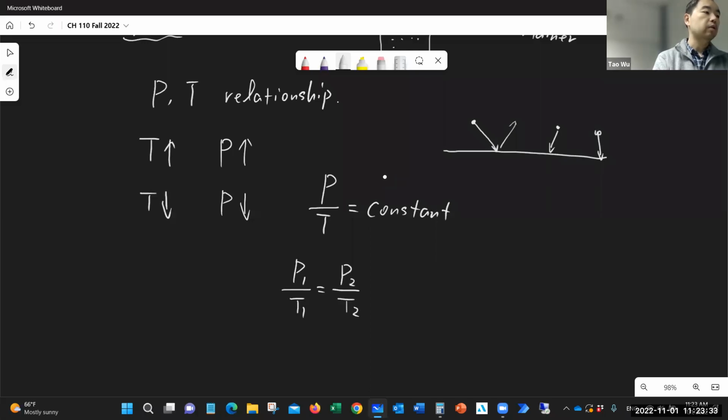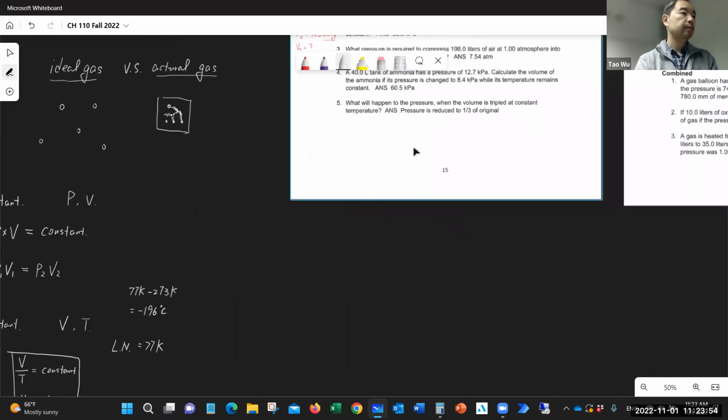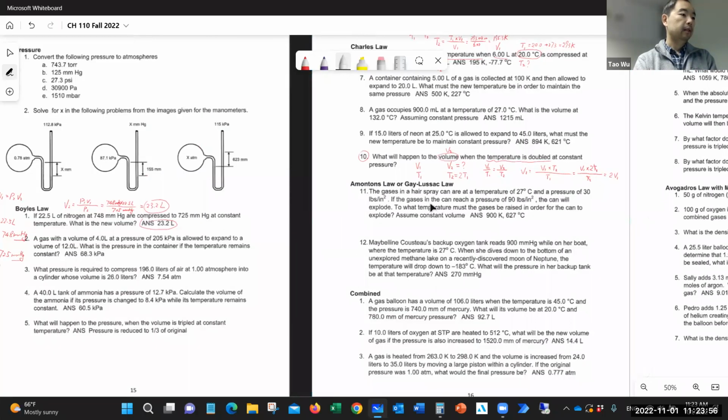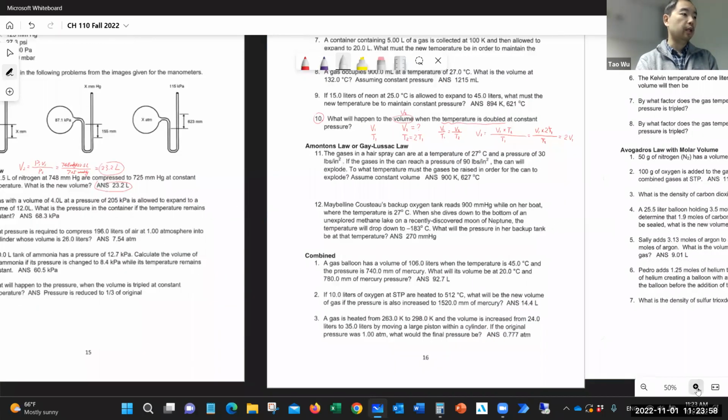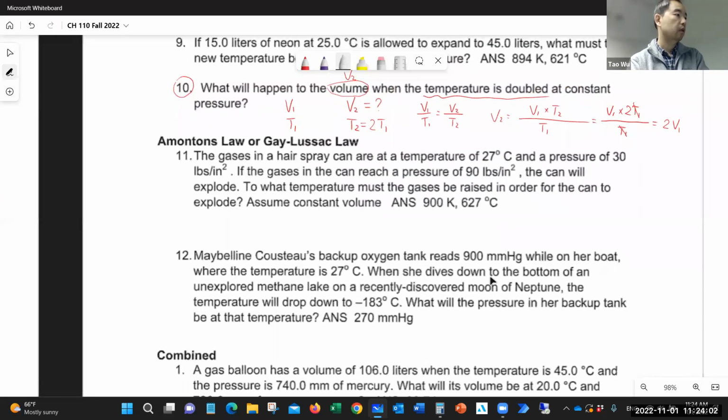So this is called Gay-Lussac's law. That is the relationship between the pressure and the temperature. Okay, we can do some practice, still on page 16. Let's just look at the first equation.